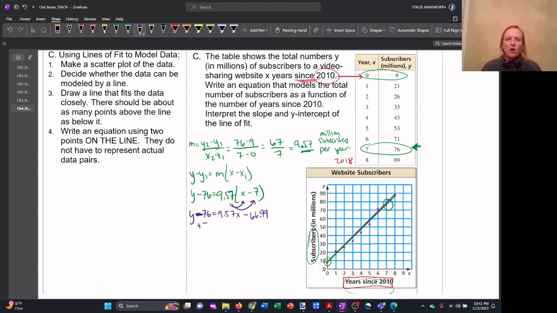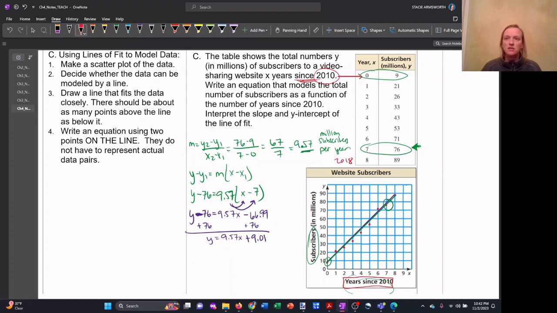And now to get y all by itself, I add 76 to both sides of the equation. And I get that y equals 9.57x plus 9.01.